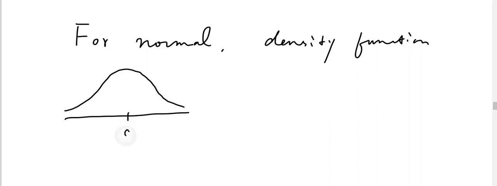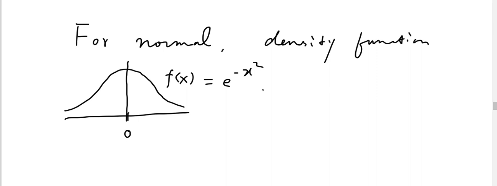The function is e to the negative x squared, and the graph looks like that. So the normal density function is just like that.